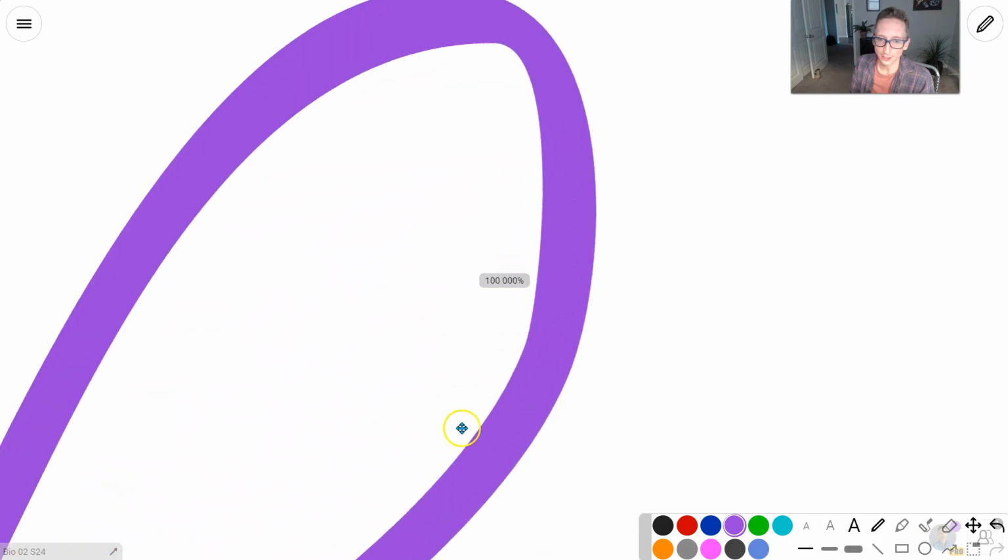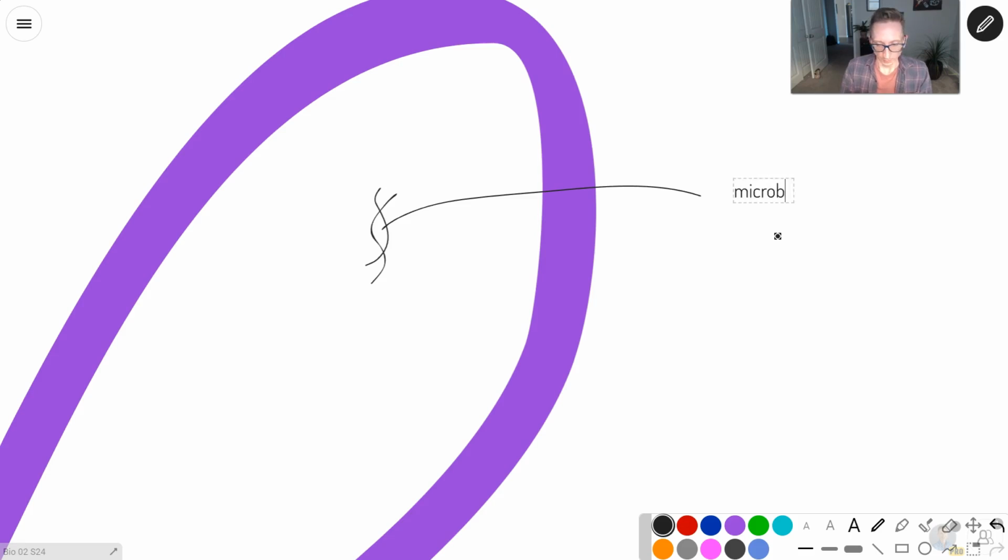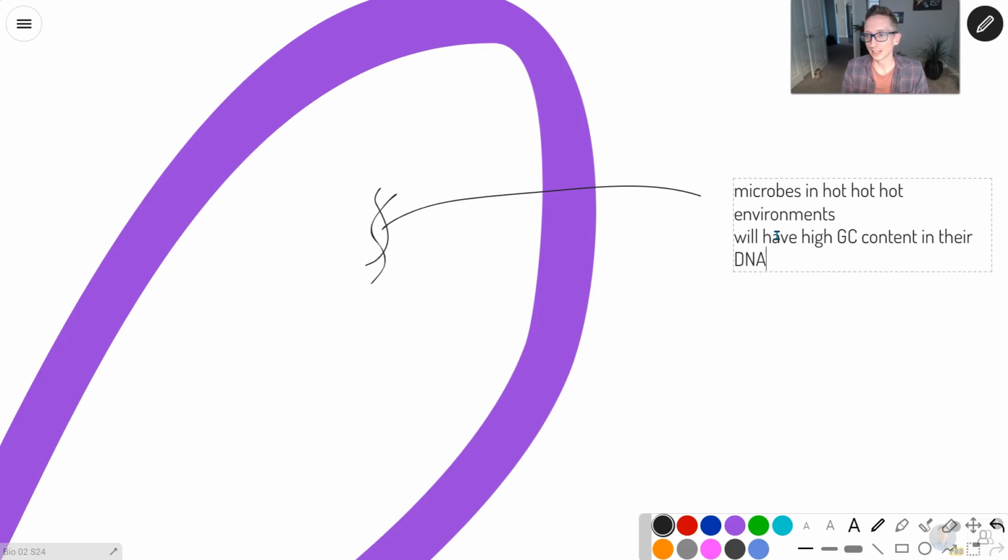And we got our little DNA strands like this, right? If you look at our DNA, microbes in hot environments will have high GC content in their DNA sequence.